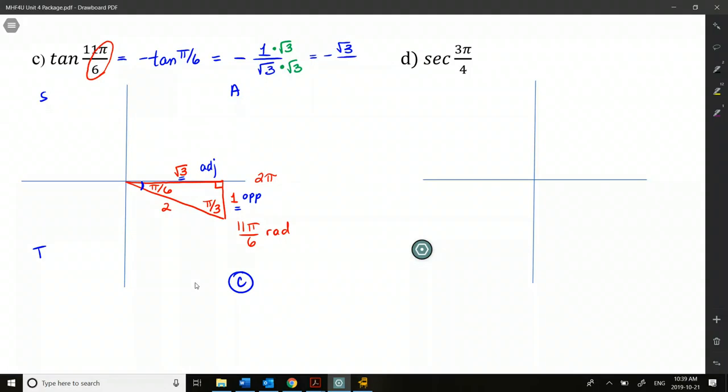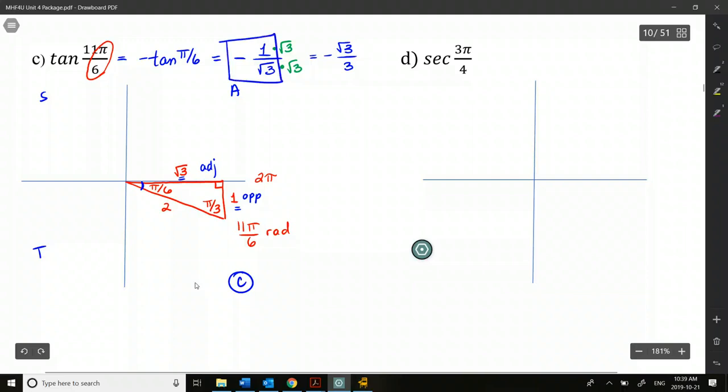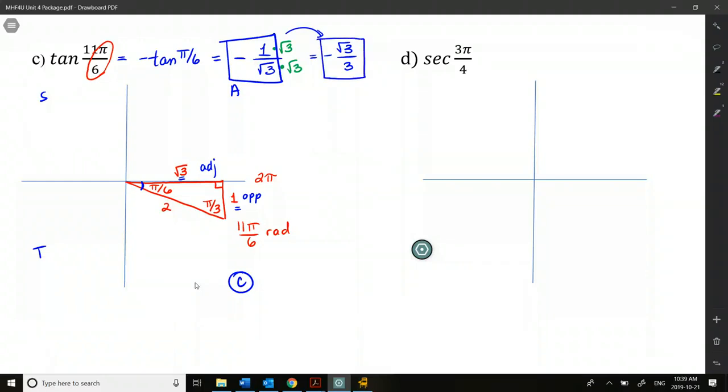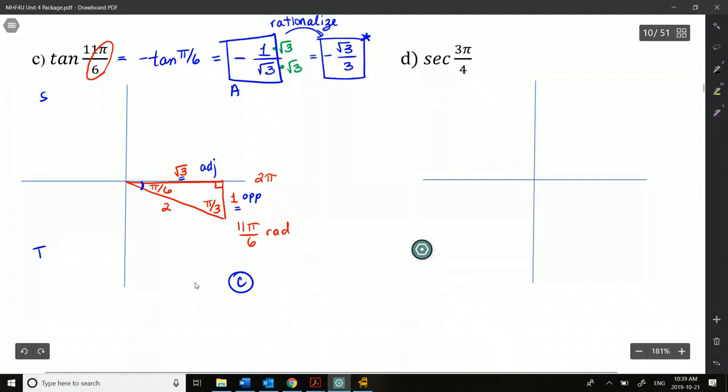Or root 3 squared, the root and the squared cancel, and we get 3. So either of these answers are acceptable. I'm fine if you leave it here. But if you want to rationalize, that's fine. But your calculator will spit out this answer if you check on your calculator, if you have one of the ones that leaves it in radical format.